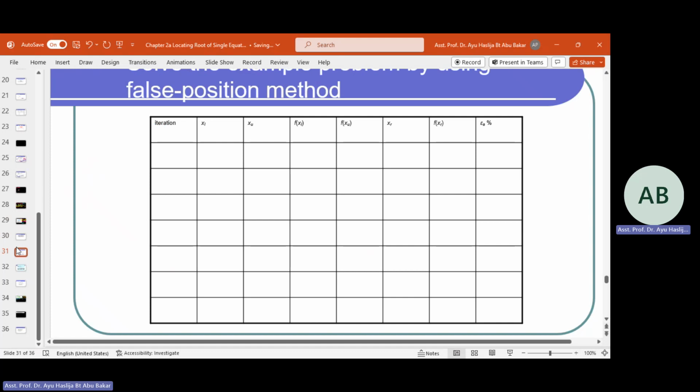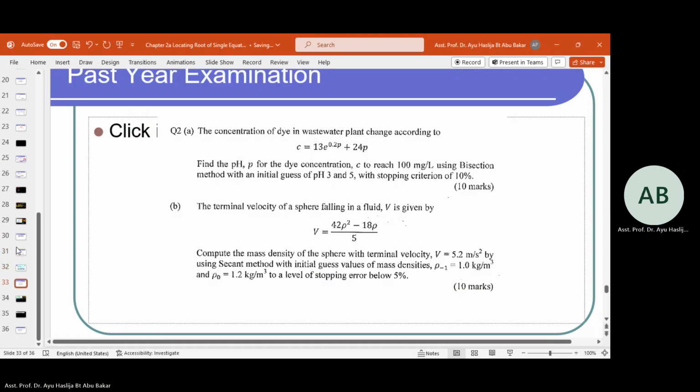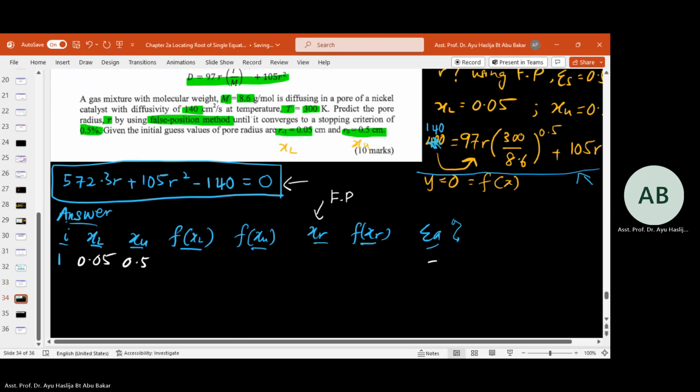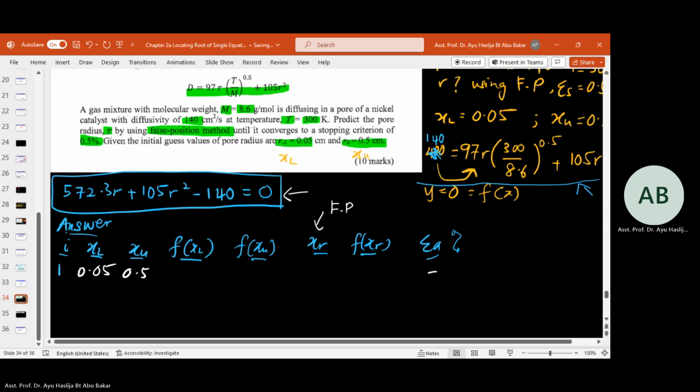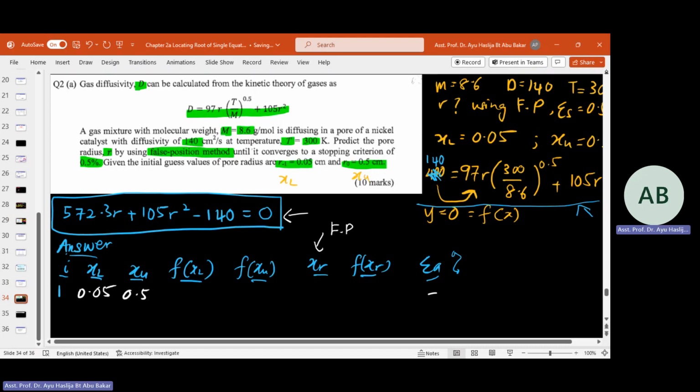You can try this example. This one is not covered yet because it is using the secant method. Okay, we will cover it later. This one we had done just now. Okay, this one you can try to do.